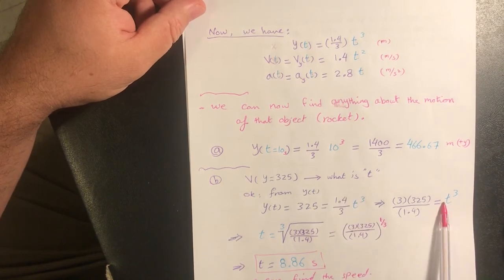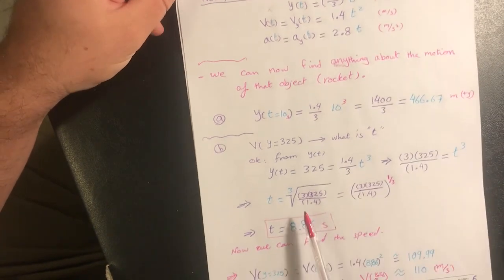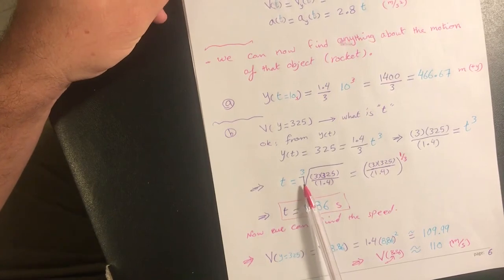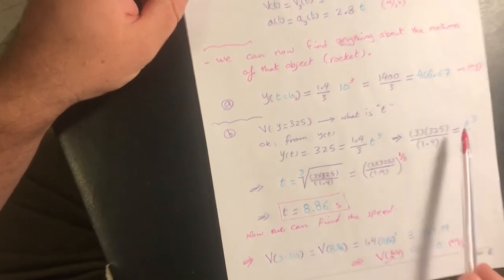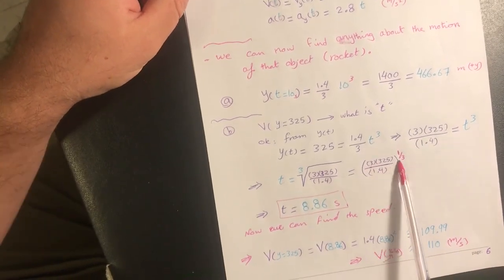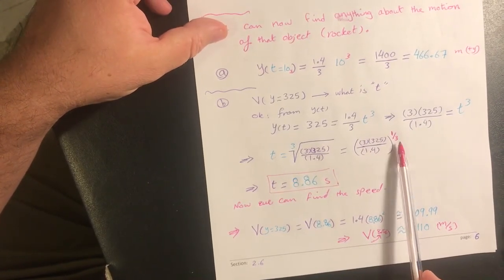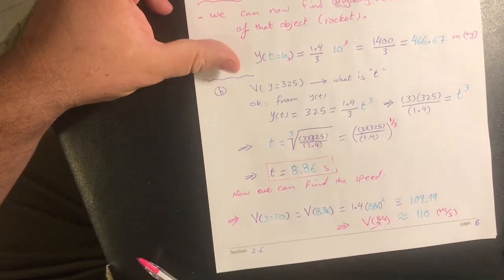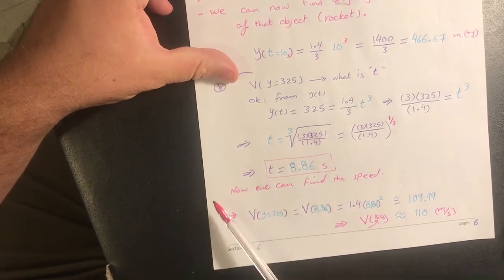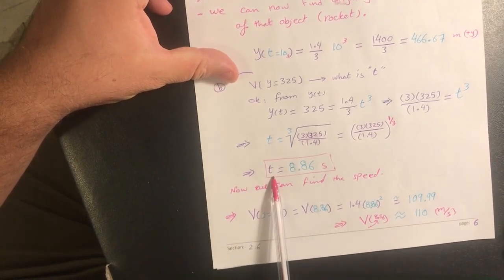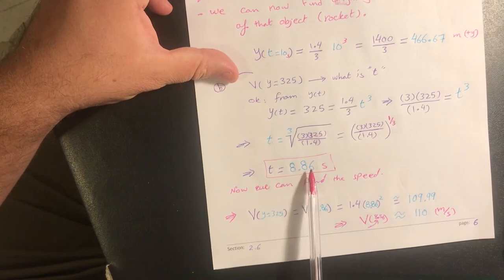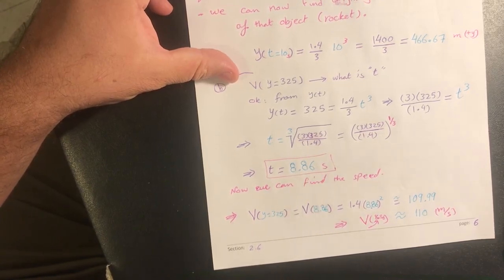What is t? It is the cubed root of this quantity, or this quantity to the power 1 over 3. So t in this case is equal to 8.86 seconds.